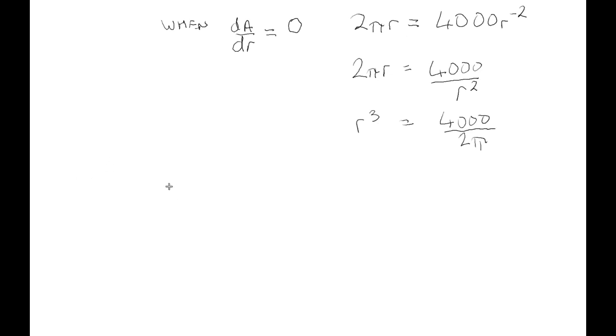So what I'll end up with is r equals the cube root of 2,000 divided by pi, the cube root to get rid of this term here. Do a cube root of both sides.